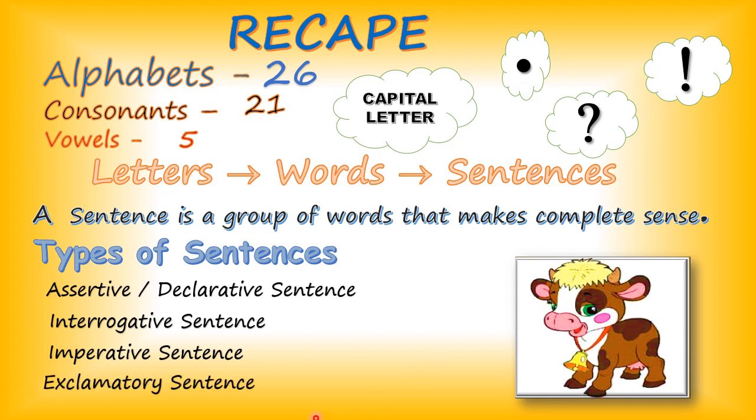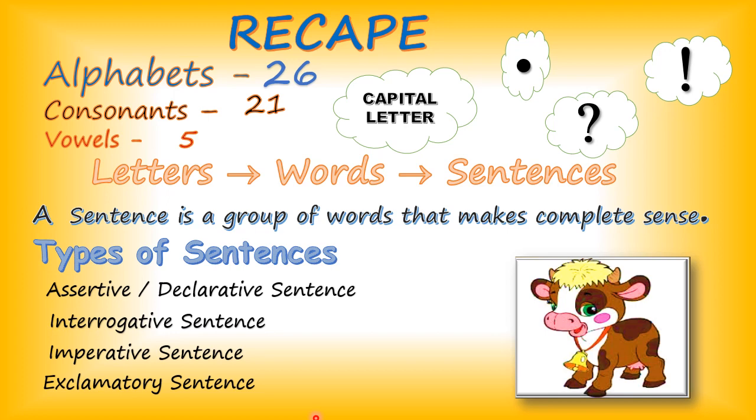Now, the last one is the exclamatory sentence. Exclamatory sentence, when we show sudden feeling, when we are surprised or very much excited about something, or when we are scared all of a sudden. Yes, or when we are in trouble and we are shouting for help.